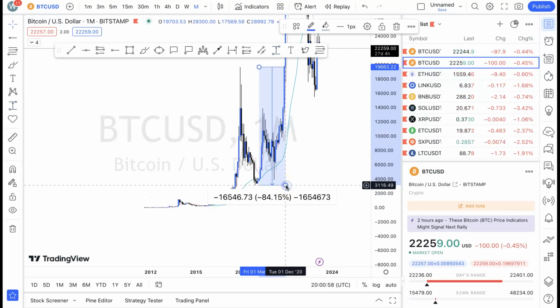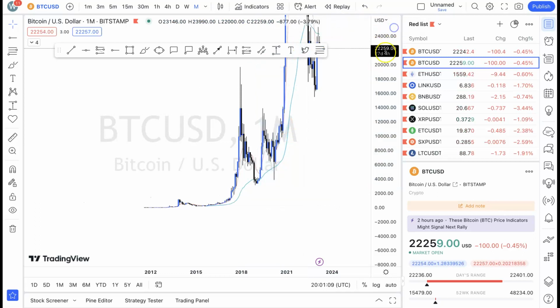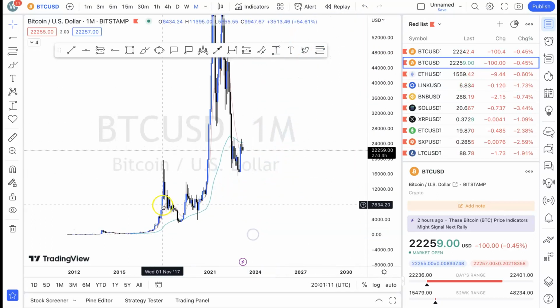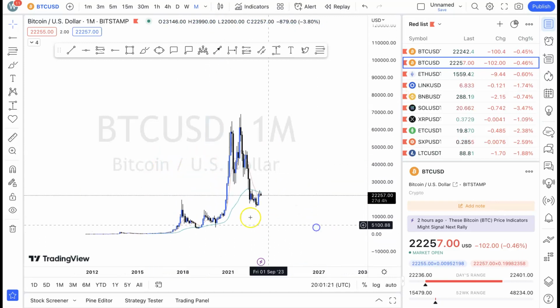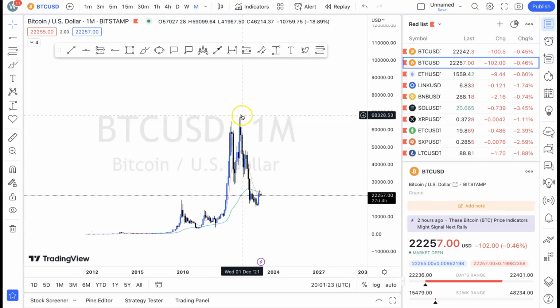So 84%, we've seen 76, so there is always that 70 to 85% retracement when we have reached a new all-time high, especially the bull run season. So what happened? 2017, 2018, we stayed on that level. Then this is 2020, where we broke through that all-time high, and price set a new high in 2021, which was around 69k.